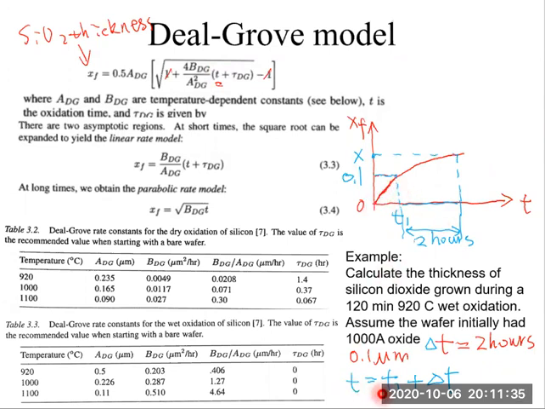So T should be equal to T1 plus delta T. For this problem, you only need to calculate T1. Everything else is given. Questions?